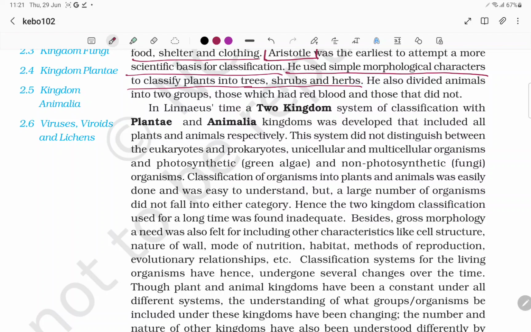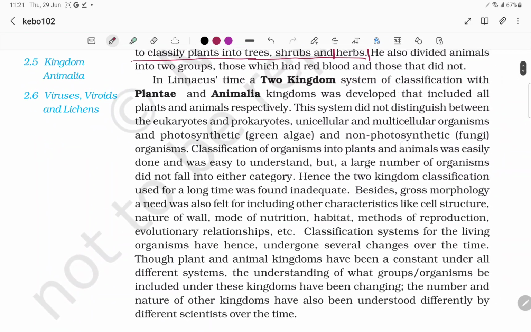Trees have a very big trunk and are very big. Shrubs are medium sized, and you will have woody stems, all those things. Herbs are very short, they don't have any woody stems or branches, and mostly they are used for medicines as well. And he also divided the animals by whether they have red blood or don't have it.